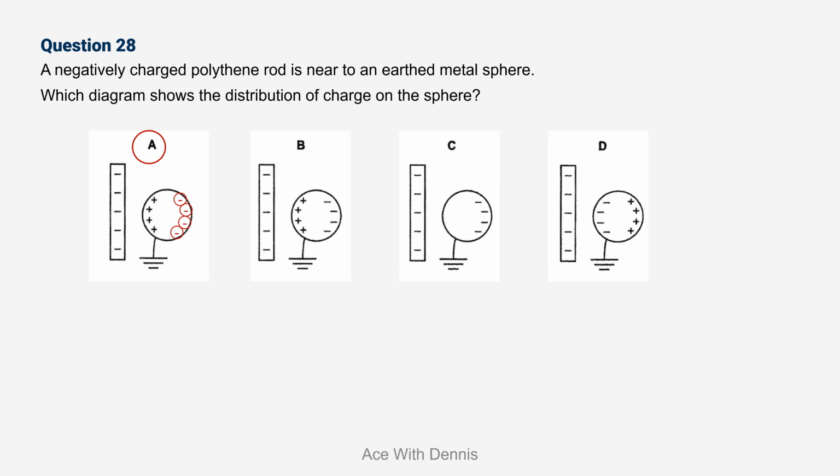And since this sphere is Earthed, these repelled negative charges will flow to the Earth and be neutralized. Hence, only the positive charges are left, which are close to the negatively charged polyethylene rod. Hence, the answer is A.